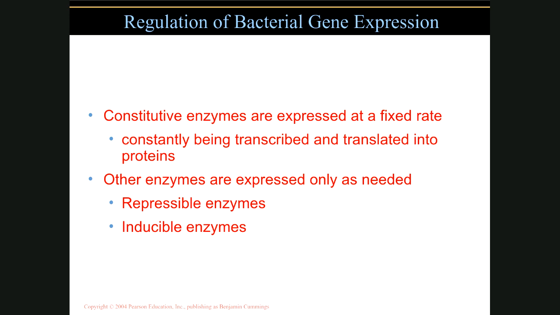For example, the genes for glucose metabolism are constitutive because most bacteria are either going to perform aerobic cell respiration or fermentation. So they need to be able to use glucose. So those genes are always turned on. But for most everything else, the genes need to be turned on and off as needed. So they need to be induced or repressed.